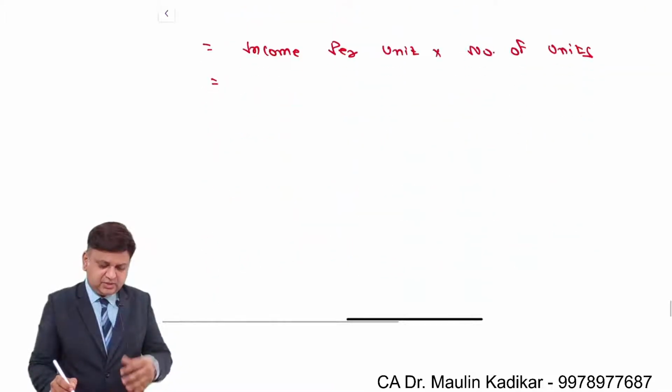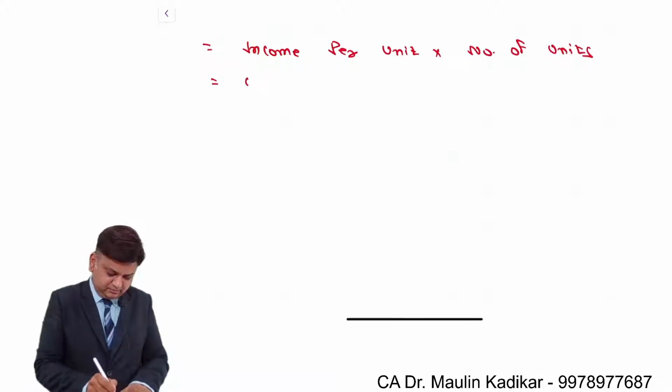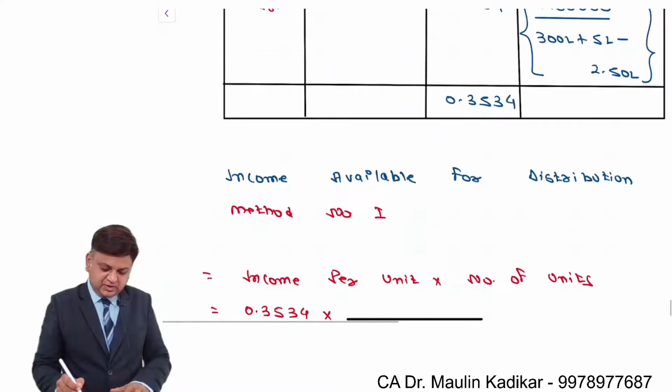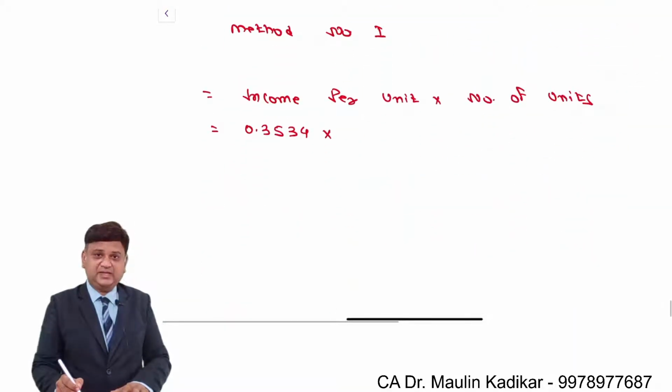Income per unit is 35.34 paise into number of units, 302.5 lakhs.